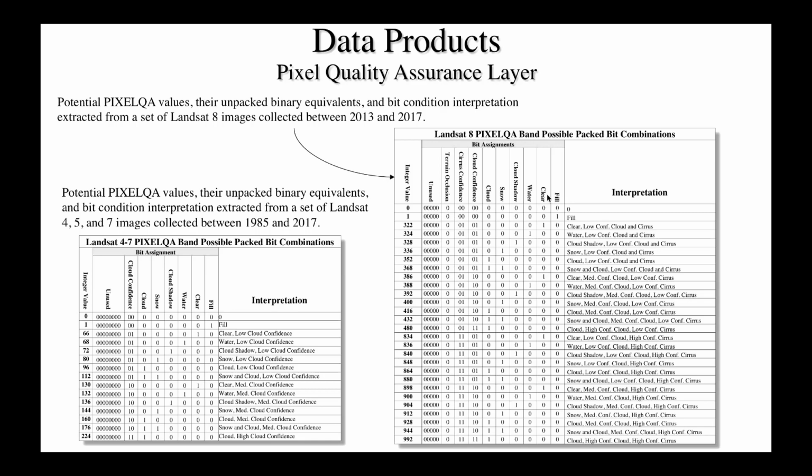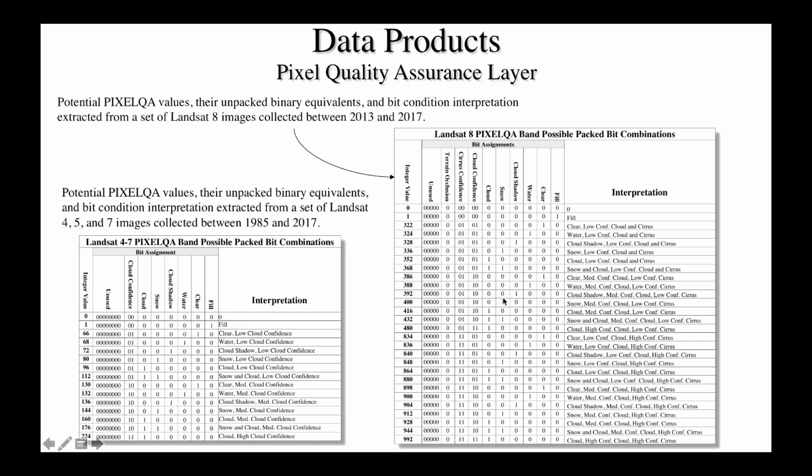So those are the values associated with the different possibilities that I found in my data set. Okay, there might be others in other data sets. The table to the right is basically the Landsat 8 version of the table to the left. So you can see that there's a lot of different possible combinations.